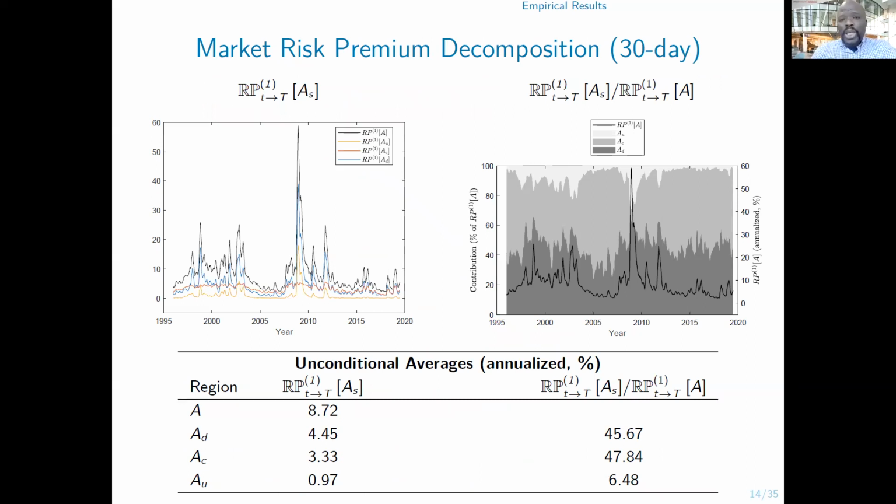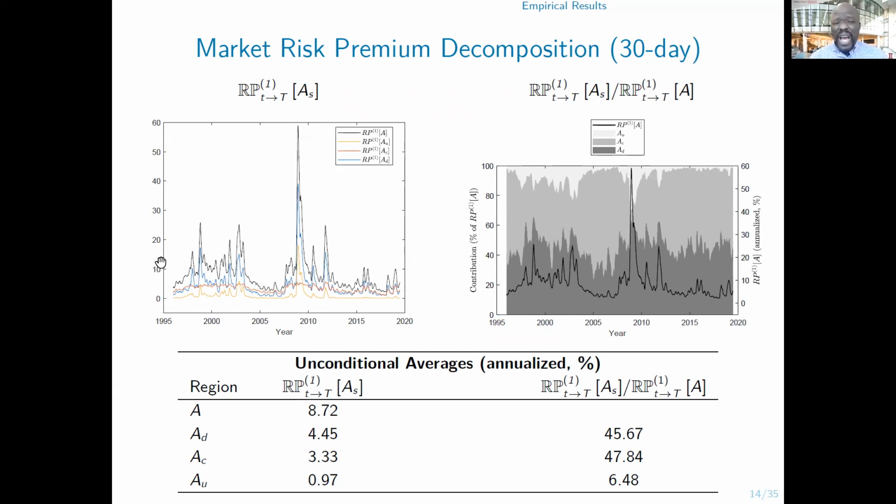What you see here is the market risk premium decomposition when the maturity is 30 days. In the left-hand side graph, you see the total conditional risk premium, represented by RPA, over time, and this is the darkest line.